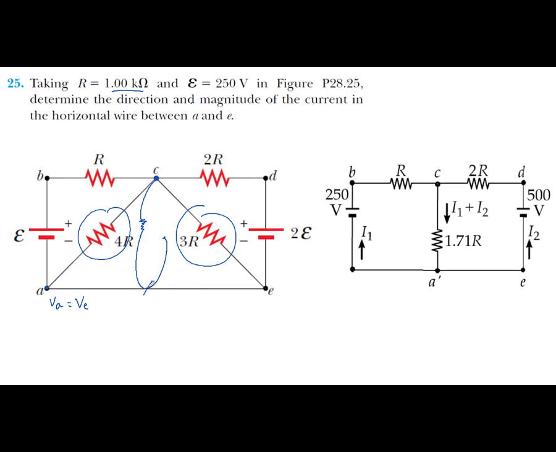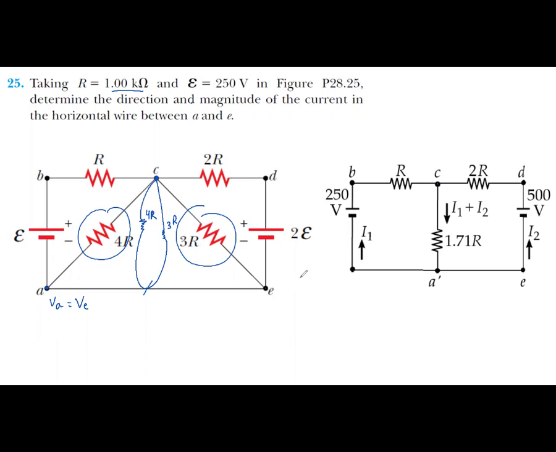And here we have 4R and 3R, and this one are parallel. The equivalent of 4R and 3R will be 1.71R.